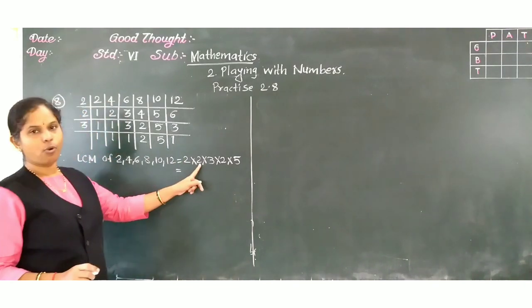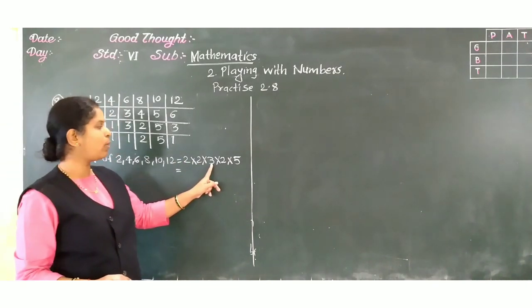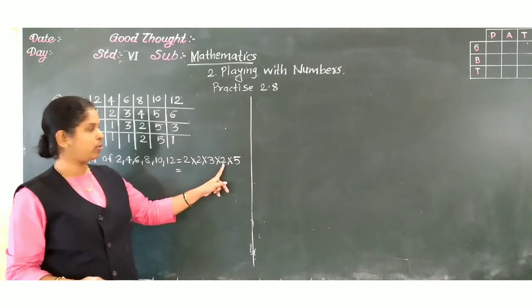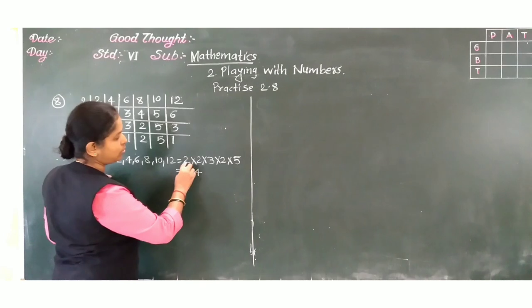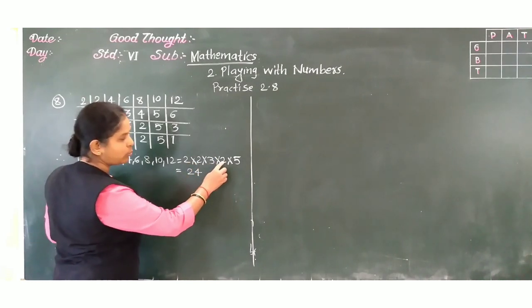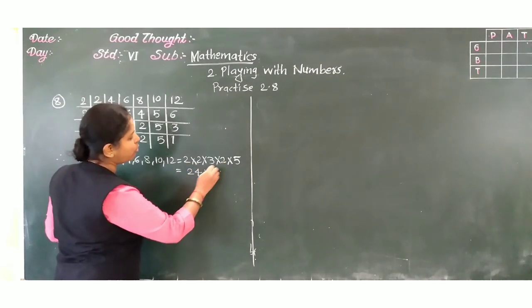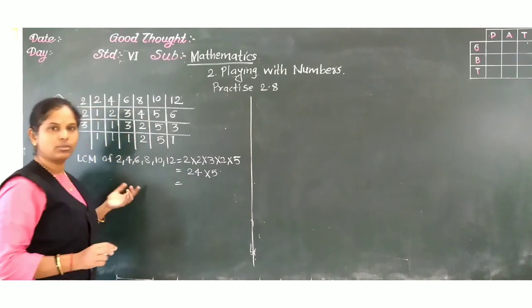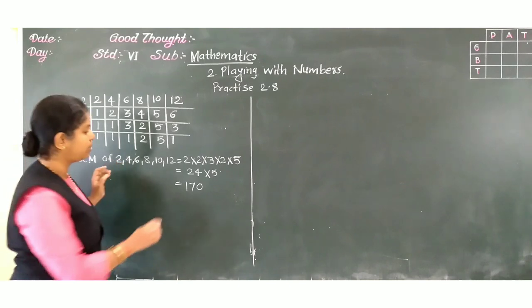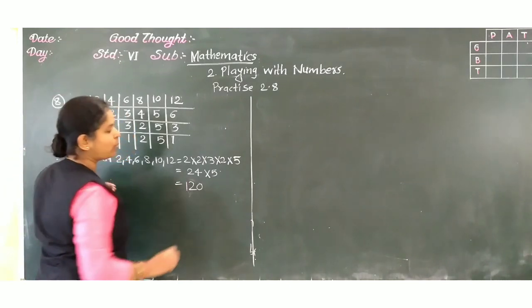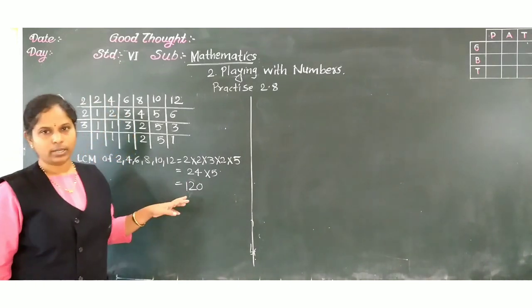2 2s are 4, 4 3s are 12, 12 2s are 24, and 24 5s are 120.